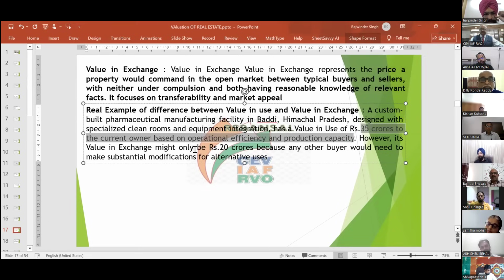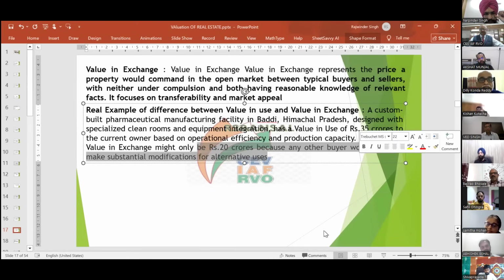However, its value in exchange might be 20 crore because any other buyer would need to make substantial modifications for alternative uses. Clear? Clear the difference between value in use and value in exchange.